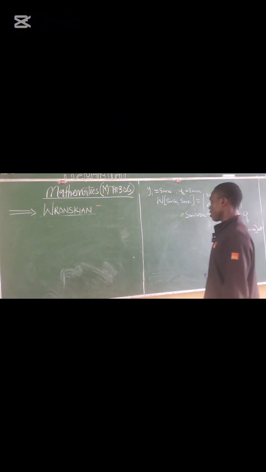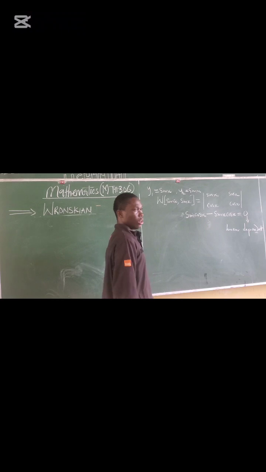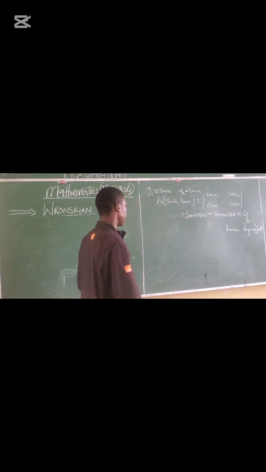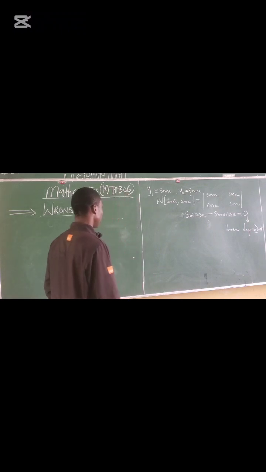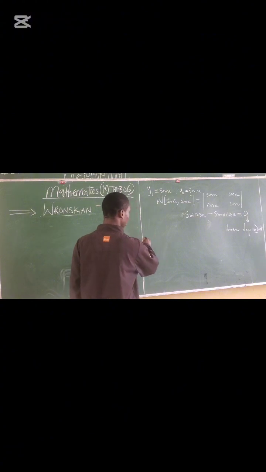We are going to take further examples in order for us to illustrate the Wronskian. Let's take a 3 by 3 sample problem.